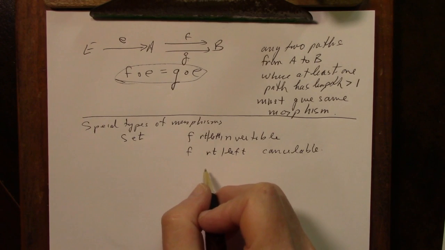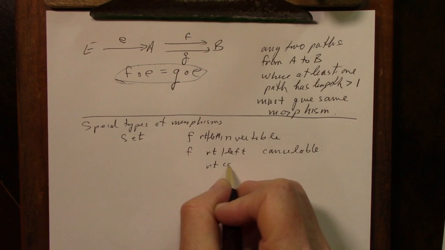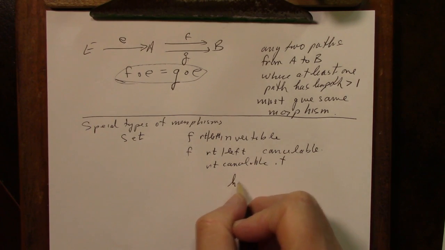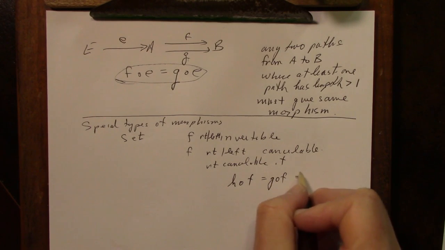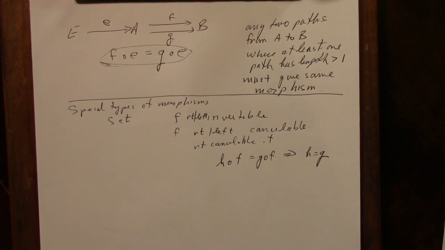So a function, for example, is right cancelable if h composed with f equals g composed with f implies h equals g. See, if f is on the right, you can cancel it.